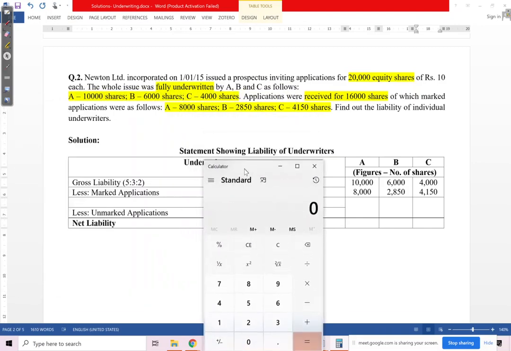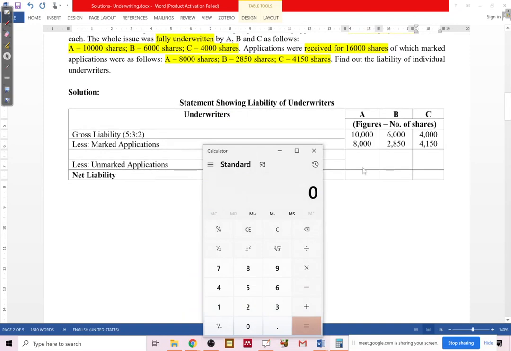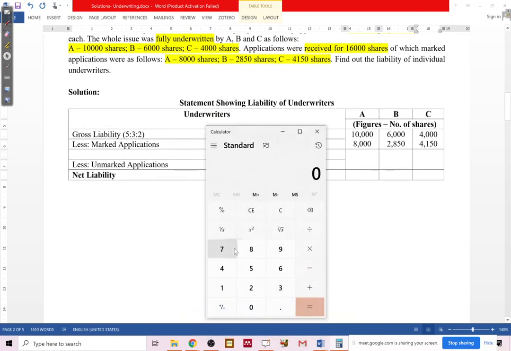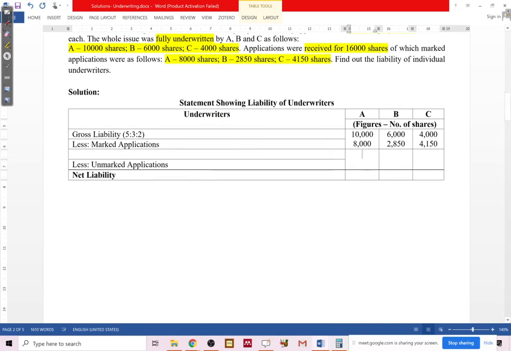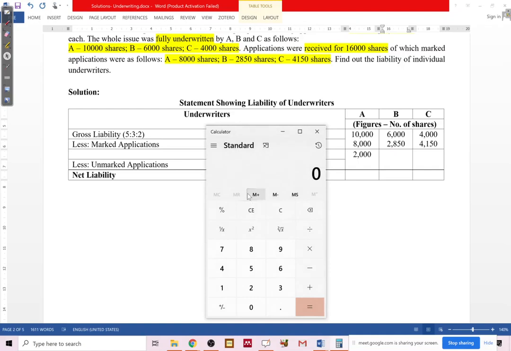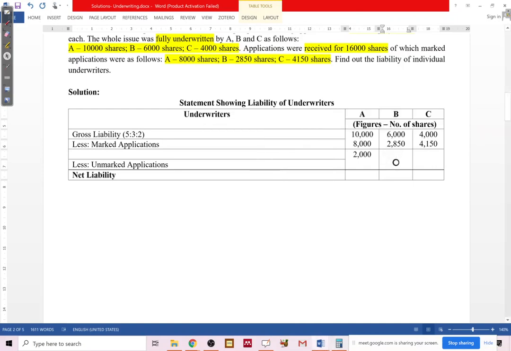Now, let's see what happens to the unmarked applications. Let's first get the total. Here, after deducting, it will be 2,000. Then 6,000 minus 2,850 gives you 3,150.